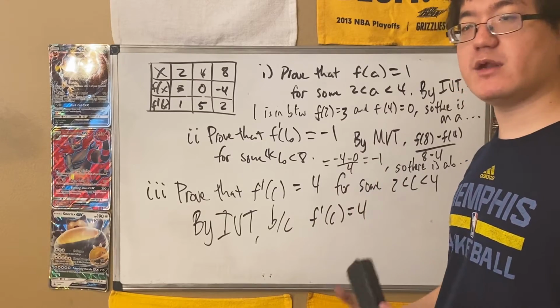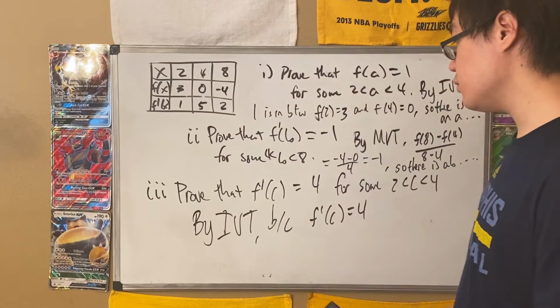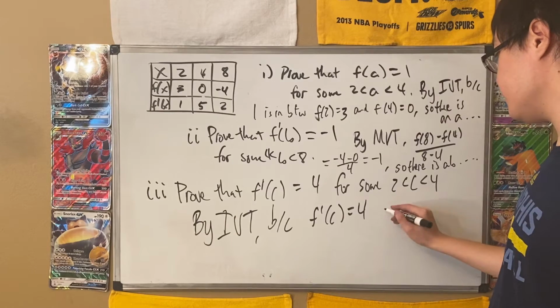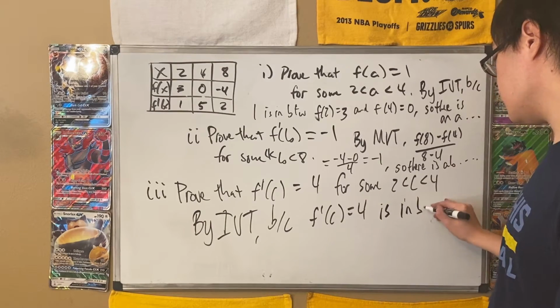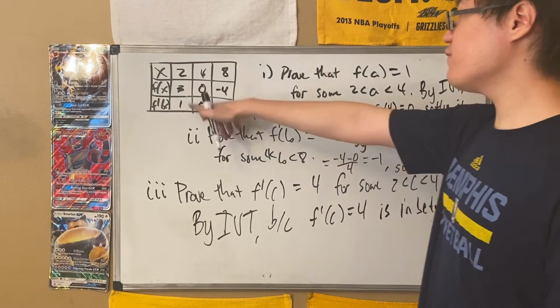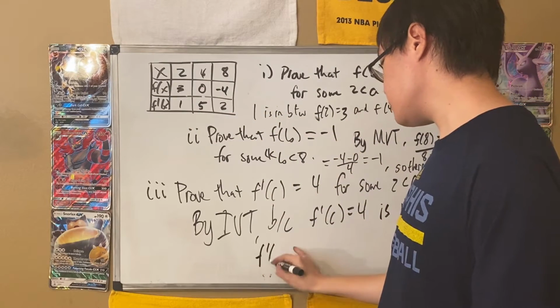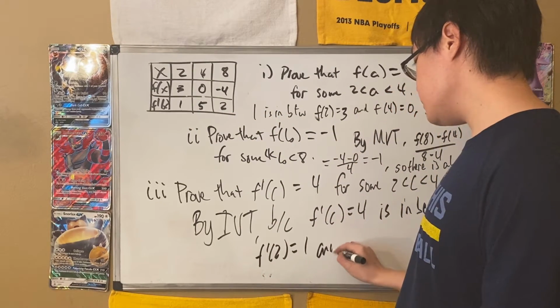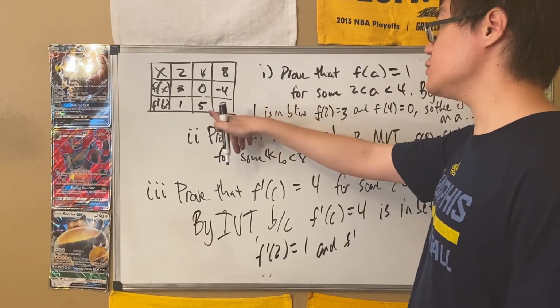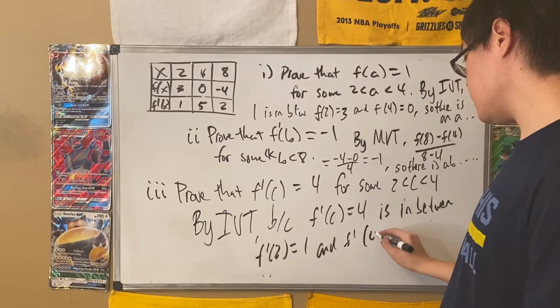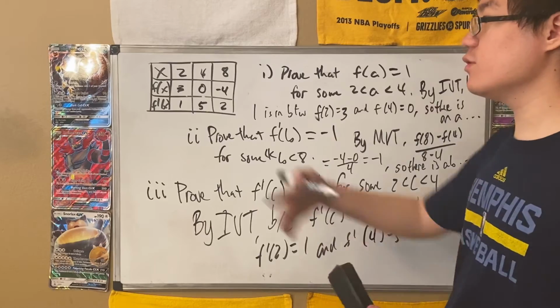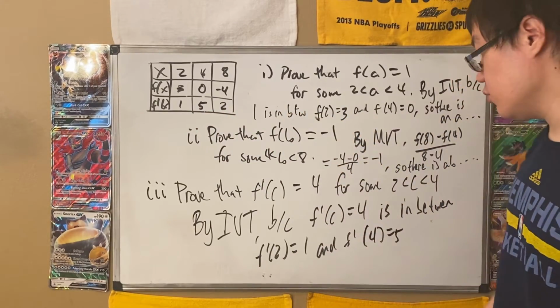We're applying the intermediate value theorem to this f prime row. So because 4 is in between f prime of 2, which is 1, and f prime of 4, which is 5, 4 is in between the y values of the correct row.